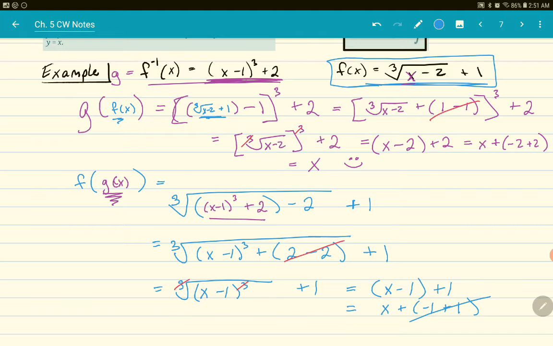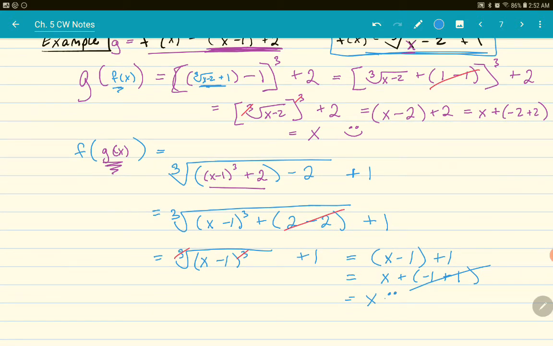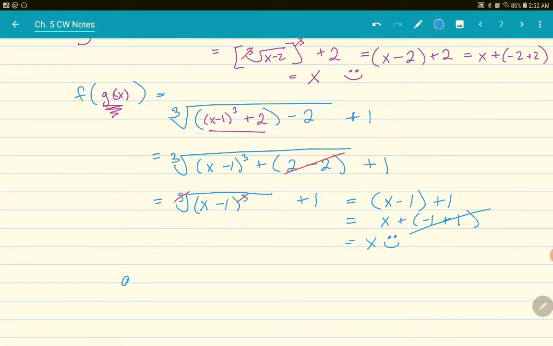Those cancel, and I'm left with just x. So now I've shown that both machines undo each other, which means that g and f are inverses of each other.